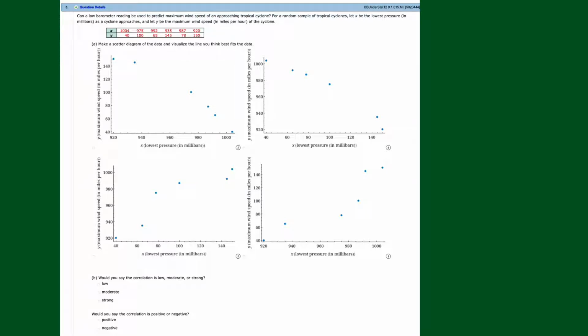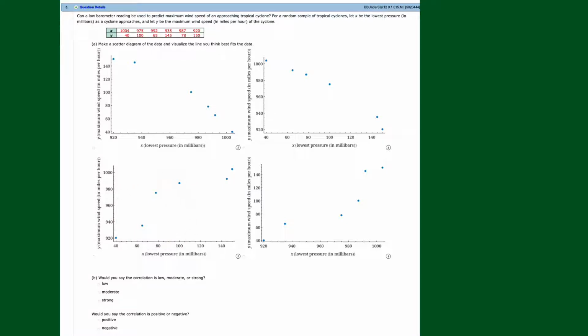This is the lowest pressure, and X is what? They tell us up here, X is the lowest pressure. So the lowest pressure appears on the horizontal axis, and they've got theirs written on the vertical axis for this graph. That one's out.